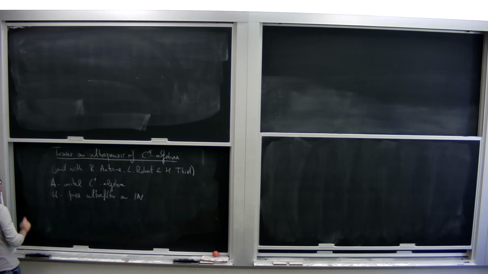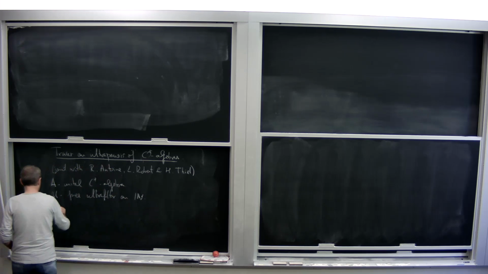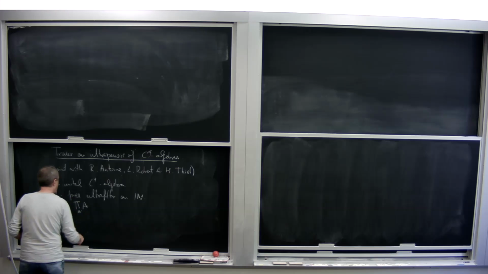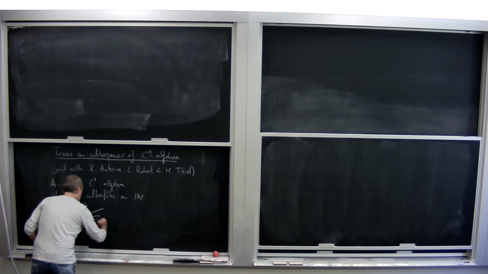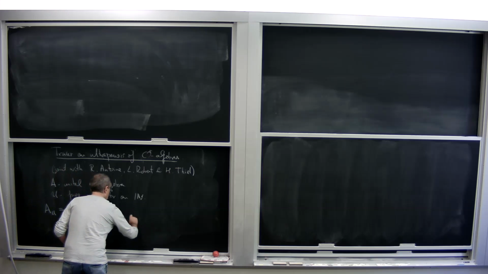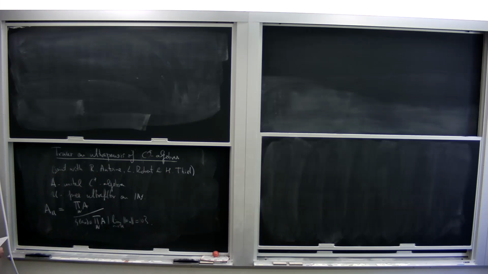So given this, we can form the ultrapower of A. And this can be taken as the product over the natural numbers, quotient the set of sequences such that they go to 0 along the ultrafilter. Okay. So that's a unital C*-algebra as well.